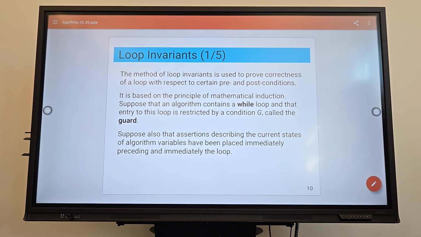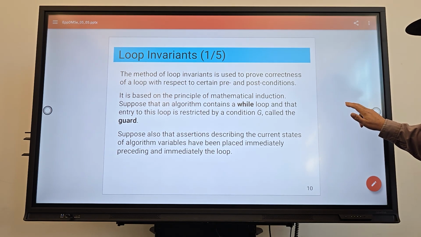Suppose that an algorithm contains a while loop and that the entry to this loop is restricted by a condition G called the guard. Suppose also that assertions describing the current states of the algorithm's variables have been placed immediately preceding and immediately following the loop. The little typo there, they didn't put the immediately following the loop.